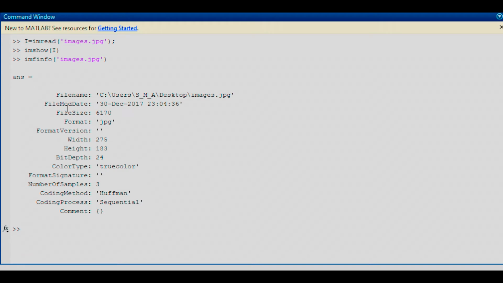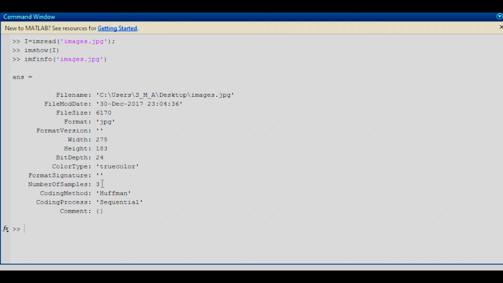There it is. So as you can see over here that the width of the image is 275 and the height is 183, which means that the image has a resolution of 275 times 183, and the number of samples, since over here it says there are 3, it means that the image is RGB.